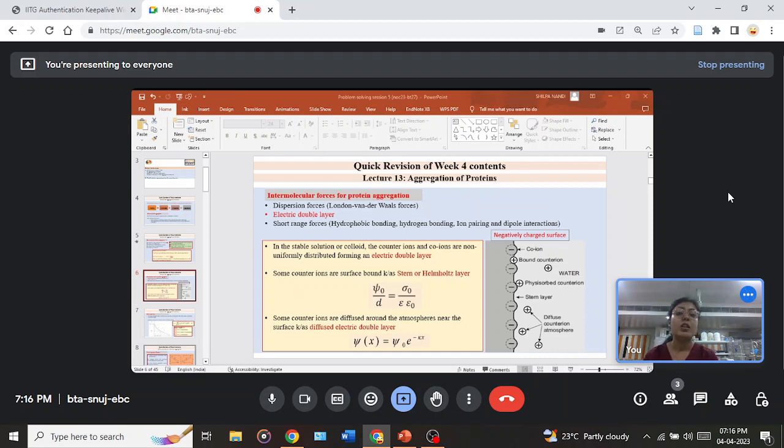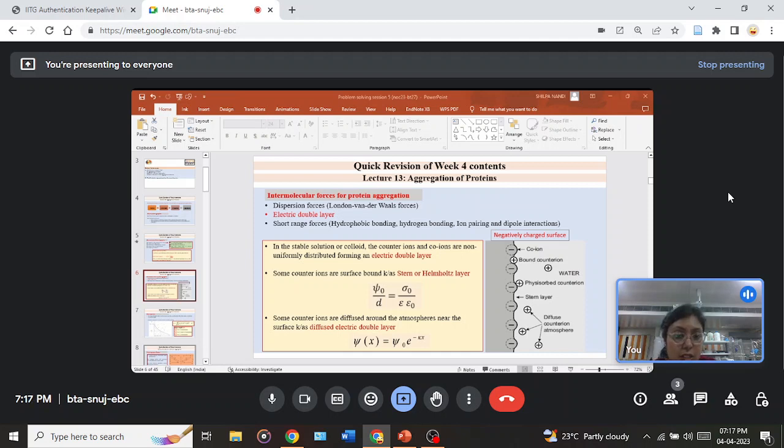The ions that are surface bound, as a group, are involved in the Stern or Helmholtz layer. So this is known as the Stern or Helmholtz layer. Whereas some counter ions are diffused around in the atmosphere near the surface. These ions are known as the diffused electric double layer.